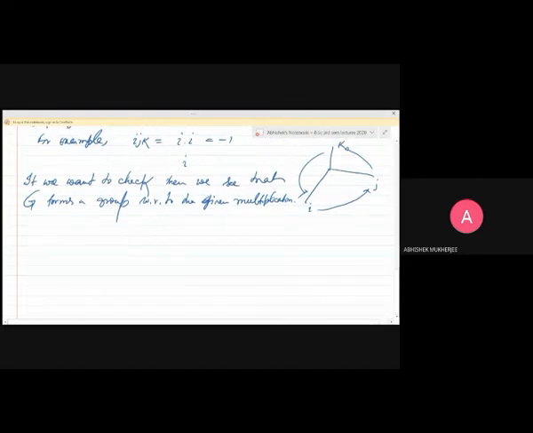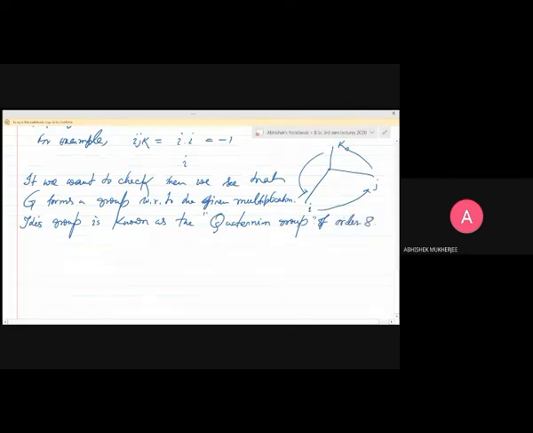This group is known as the Quaternion group. Group of how many elements does it have? Of order 8, right?